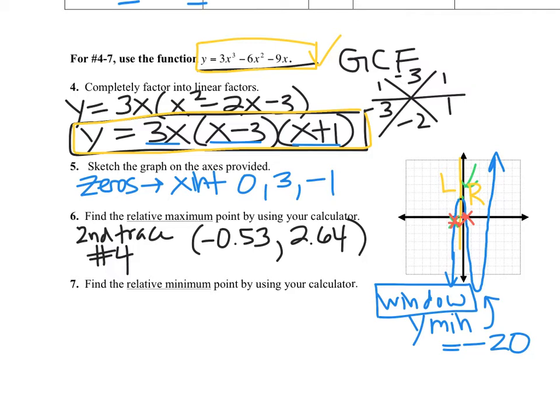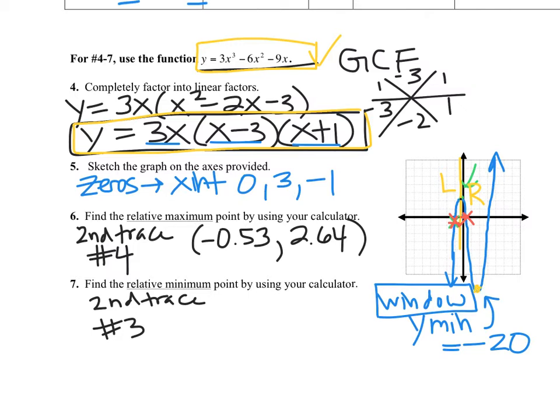Now we need to find the relative minimum. We're going to do the same thing. We're going to go to second trace, but we're going to find the minimum this time, so we want to go to number 3. Now we need to go to the left side of our minimum.